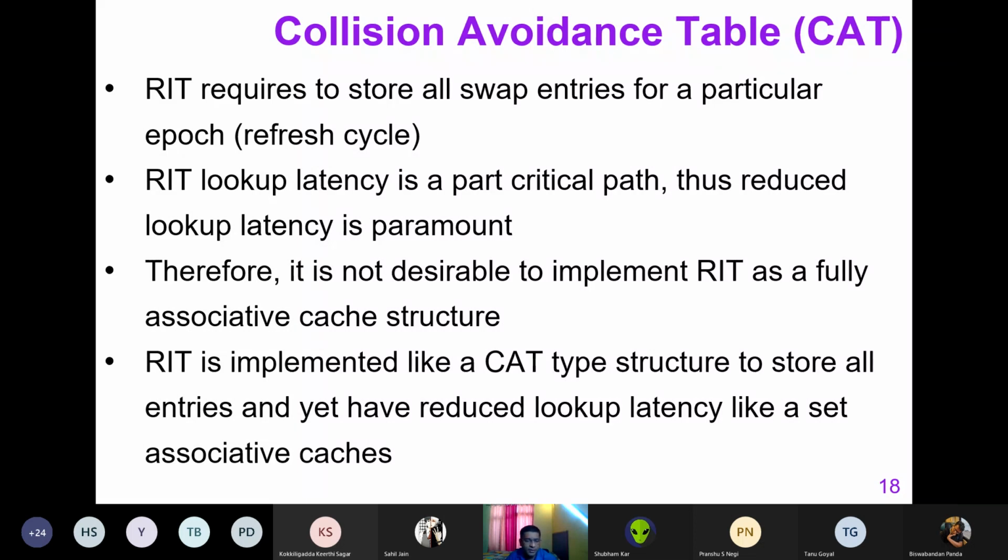So it will give something like a fully associative cache, but the latency will be reduced, similar in order to a set associative cache. So this is the table they are using in their analysis or implementation.